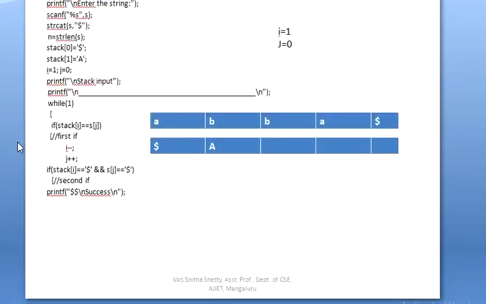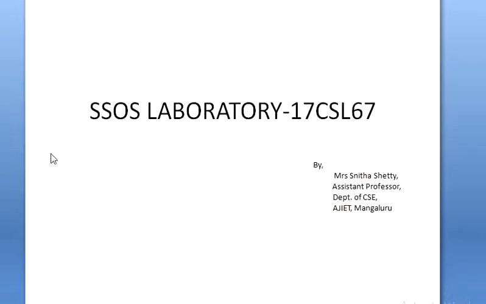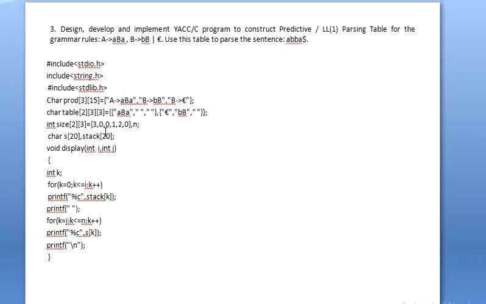You can see here, 3 0 0 1 2 0. These are the elements which I have entered for the 2-dimensional array size. I also need one variable n, so I am declaring that variable n, an integer variable.